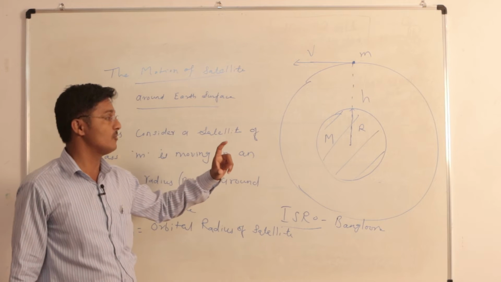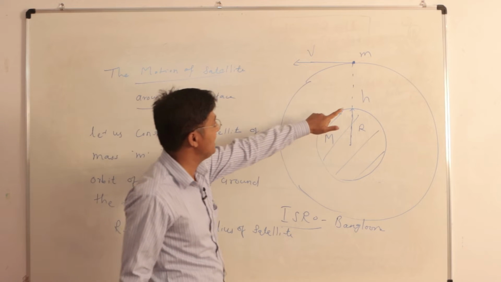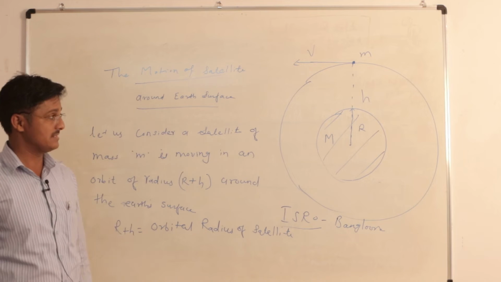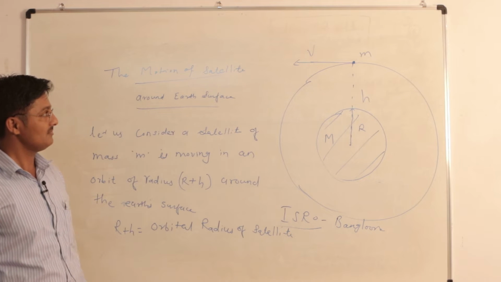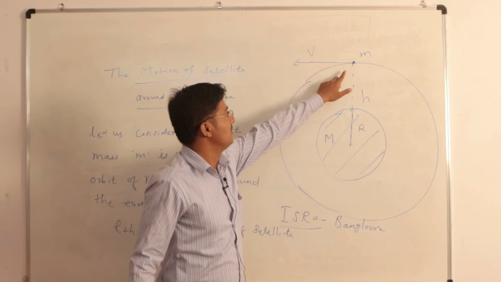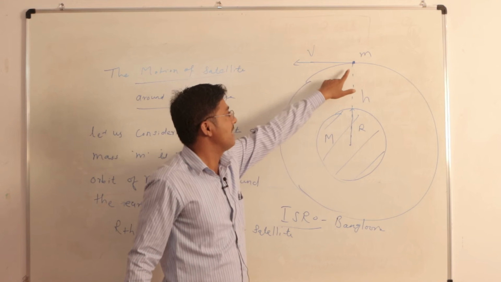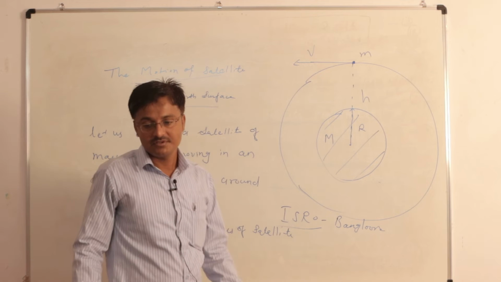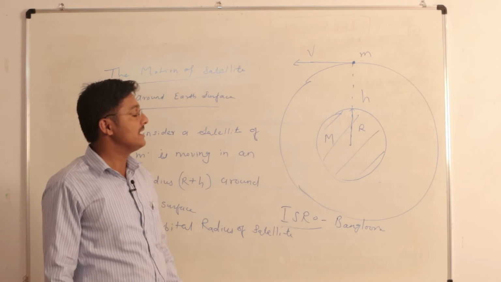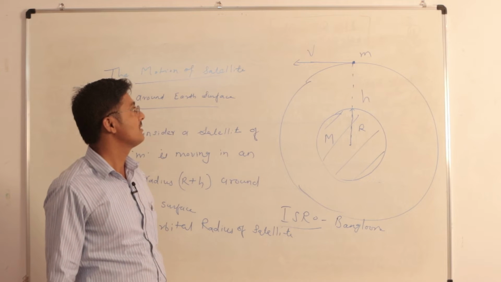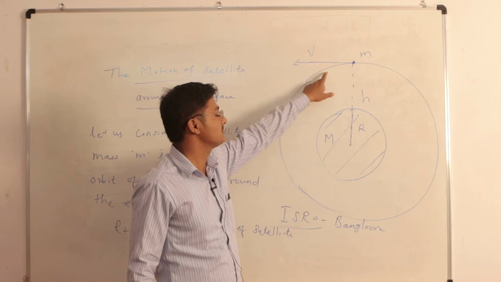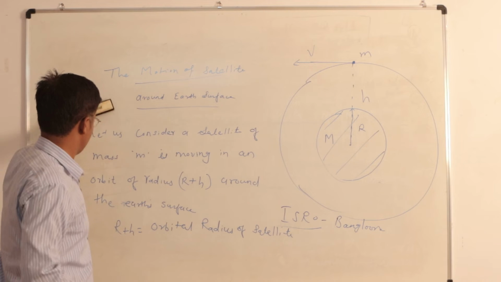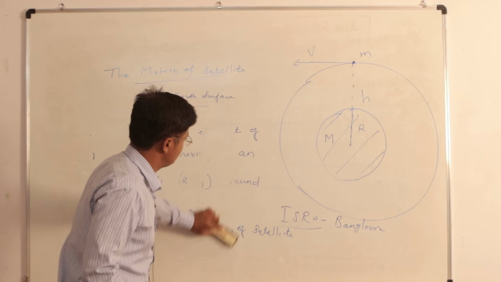If any body moves in a circular orbit, the centripetal force acts on it, and the direction of centripetal force is towards the center of the circle. So what is the centripetal force provided for this satellite? We'll write it down.